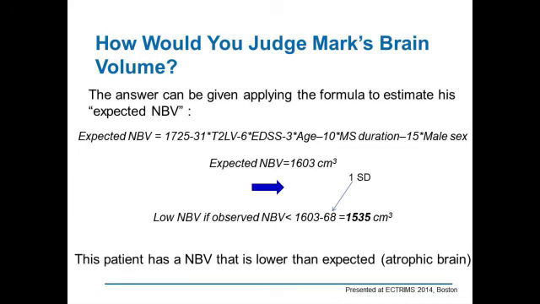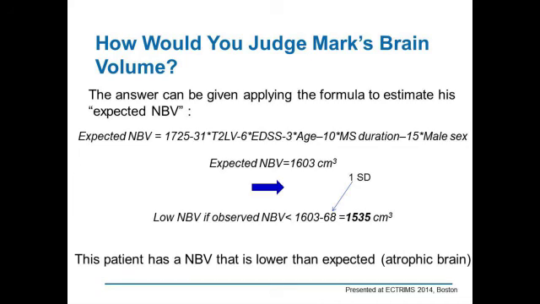So, according again to the analysis previously shown, we would define a patient as having a low normalized brain volume if his brain volume is far from the expected value by more than one standard deviation. So 1,603 cubic centimeters minus 68. 68 is the standard deviation of the distribution we have shown before.